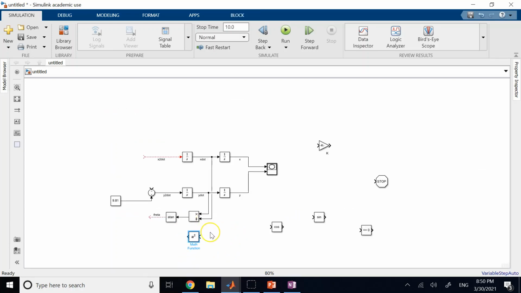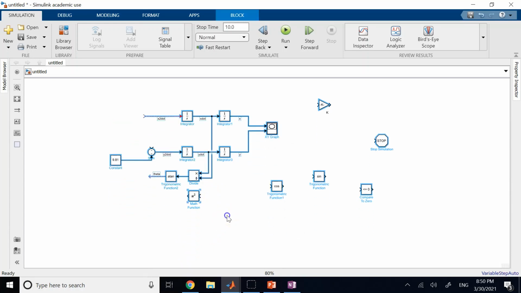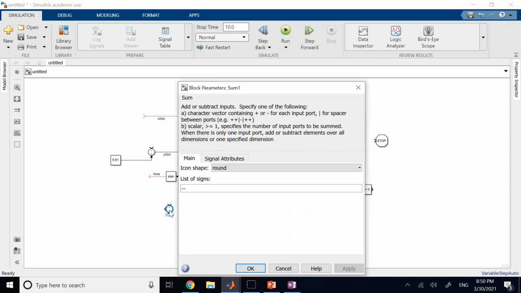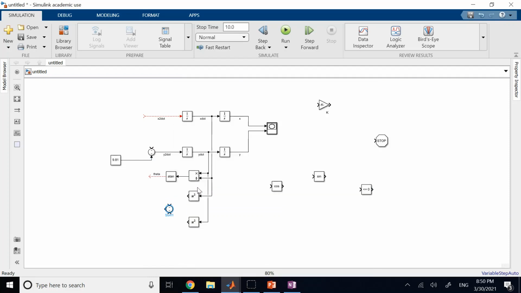So if you want, you can have two of them, like this. One of them you attach to y dot, one of them you attach to x dot. So now they're squared. Now you need another sum block, where you add two signals together. So this is x dot squared plus y dot squared, and this is v squared.